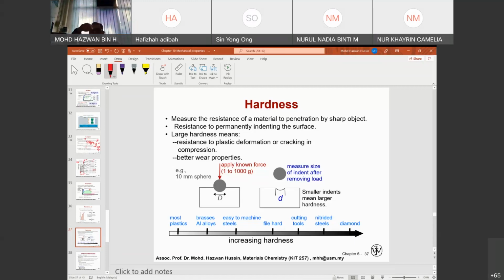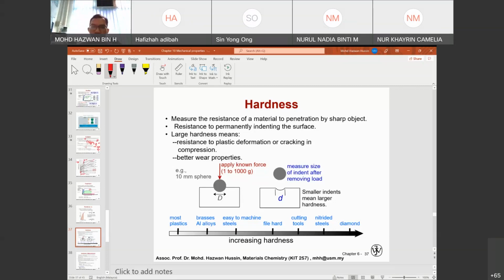Okay, brittle object, it will not penetrate, but until certain amount of force, it will crack and break. Okay, so this is actually how we are going to measure hardness. Theoretically, resistance to permanently indenting the surface. Large hardness means that resistance to plastic deformation or cracking in compression.